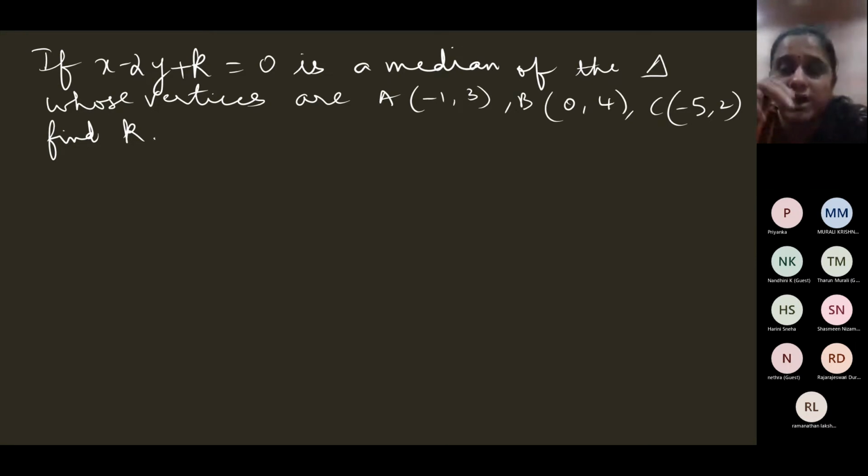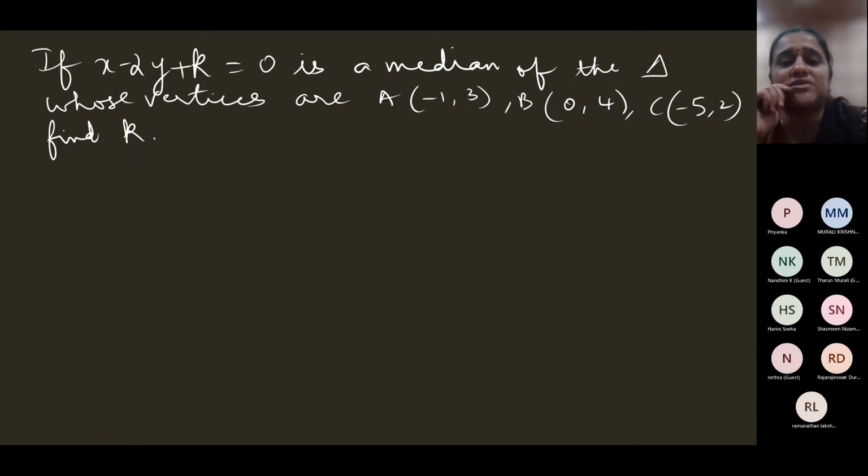Is it the median from A, or from B, or from C? We don't know. But we know that the centroid is a point which lies on all three medians. Whether it is the median from vertex A, B or C, the centroid lies on all three medians. So the coordinates of the centroid will satisfy this equation.